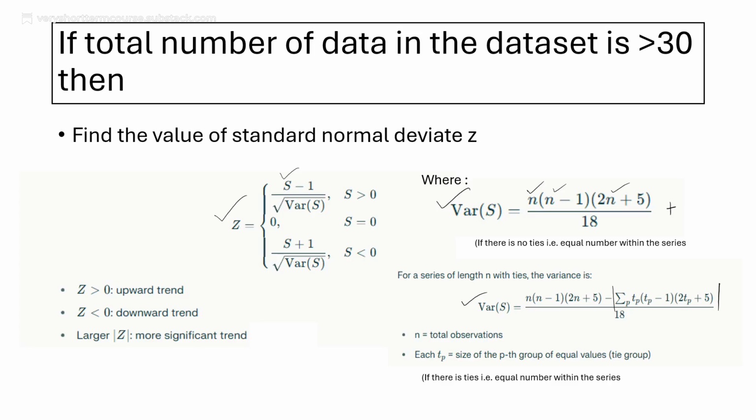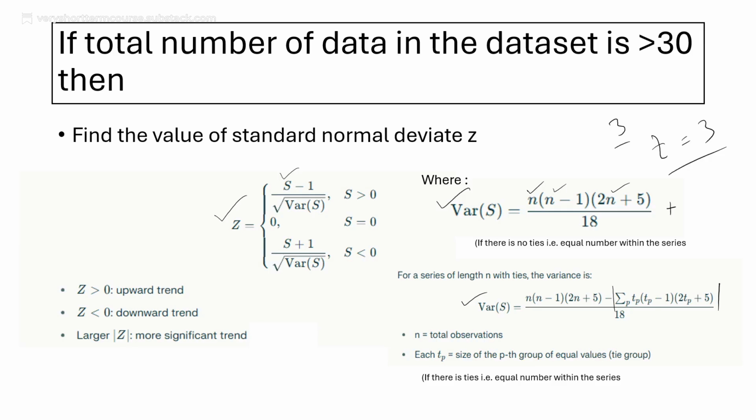Okay, but in reality, if there are 3 ties, that is 3 data points which have exactly the same values, then your t will be 3. That is the thing. Accordingly the variance will be calculated, and then you put it here.